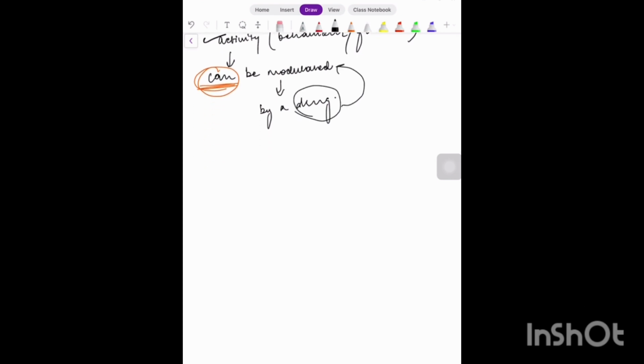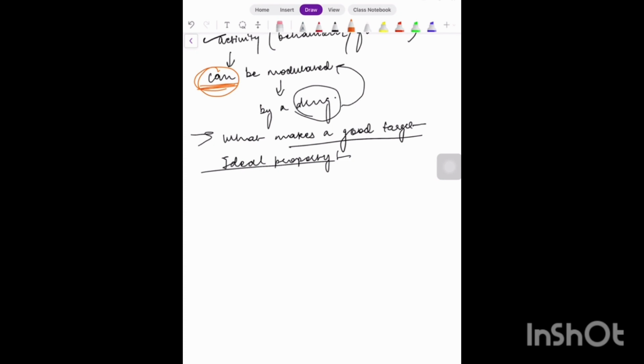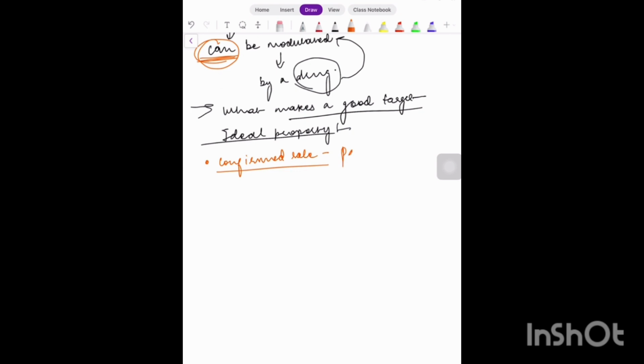So a question that arises in a lot of people's minds is what makes a good target? How will you know that this is the ideal property of a good target? So a few we will discuss here. First of all, the target should have a confirmed role in the pathophysiology of the disease, then we say that is a good drug target.